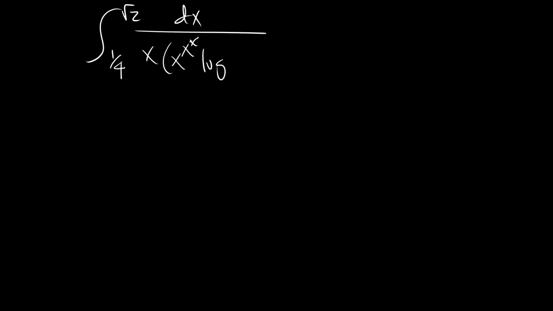So we have our problem, which is from a quarter to square root of 2 of 1 over x times x to the power x all the way.